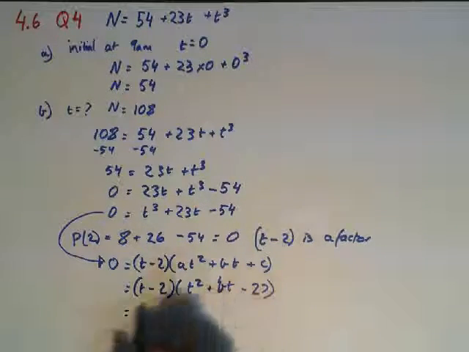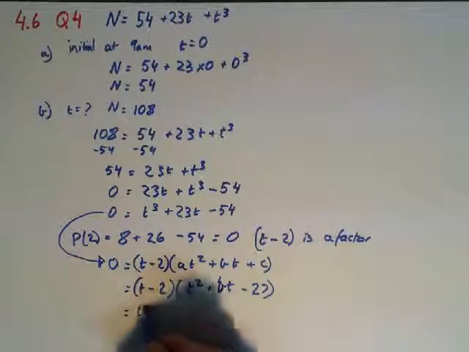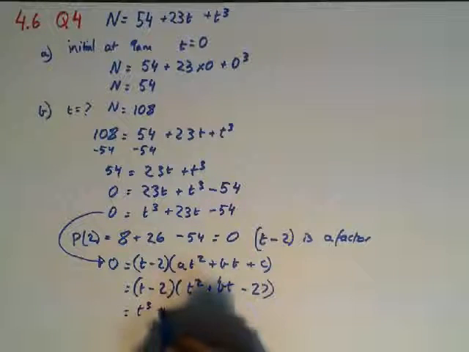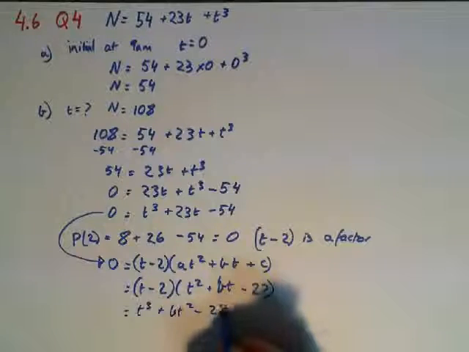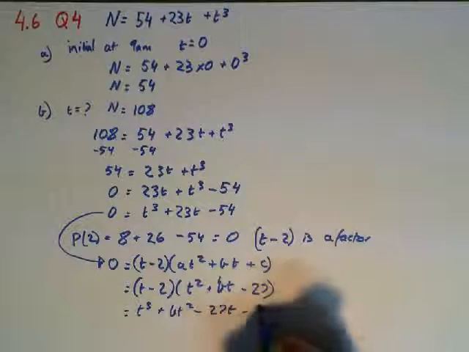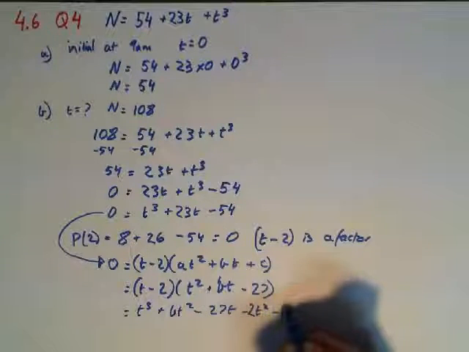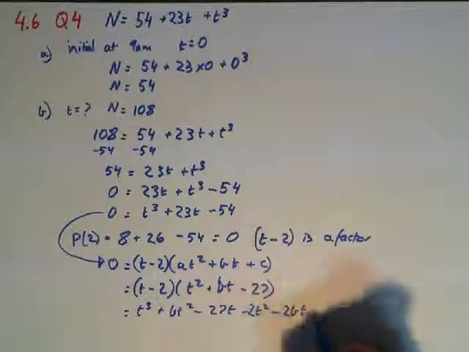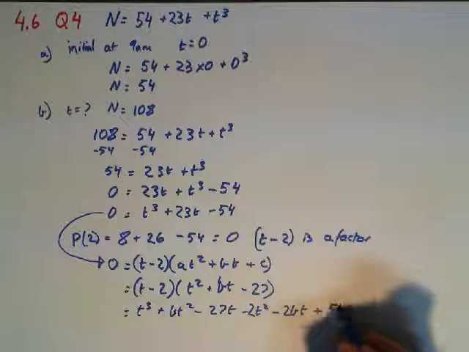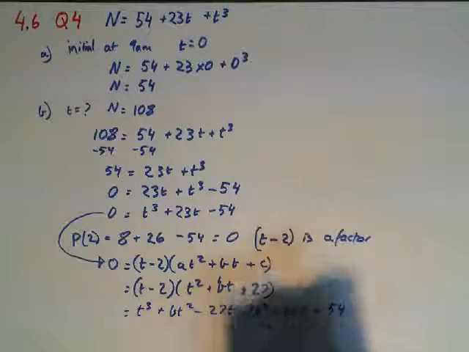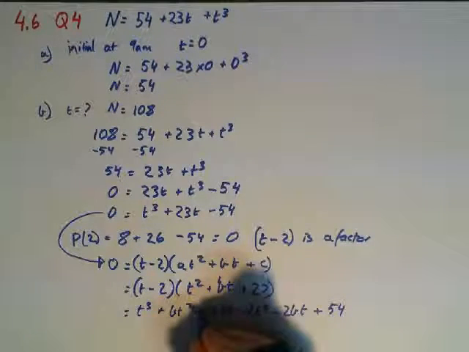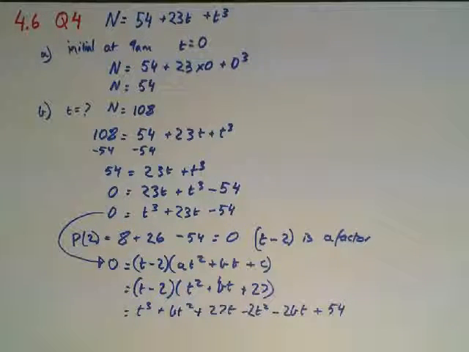So expanding out, okay, the long version, so t cubed plus bt squared plus 27t, take 2t squared, take 2bt take 54. Sorry, that should be a positive 27 there, which makes that a positive there.